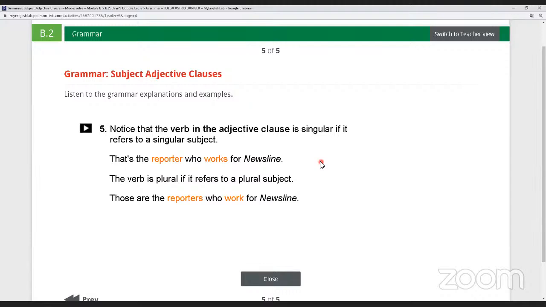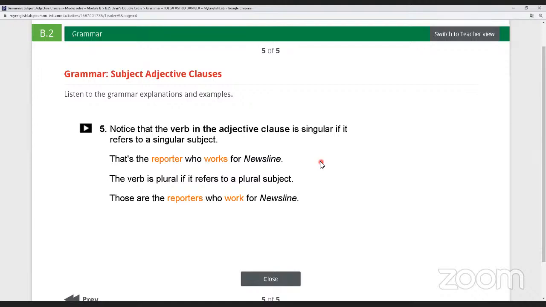If it's in simple present, that's a reporter who works, right? So it is basically going to follow the same tense that you're going to talk about. If it's in the past, that was the reporter who you talked about, maybe, right? But we have to change the order.